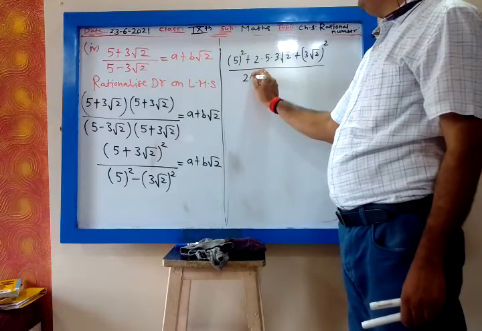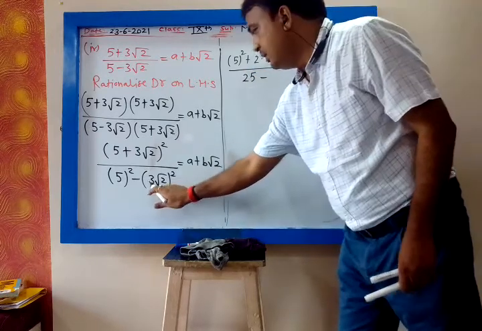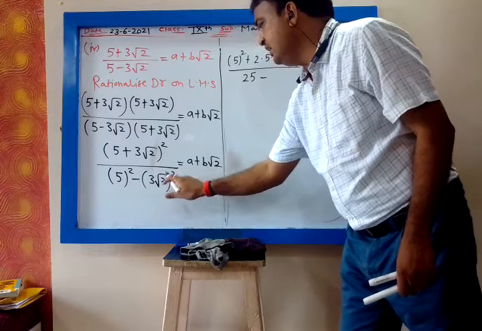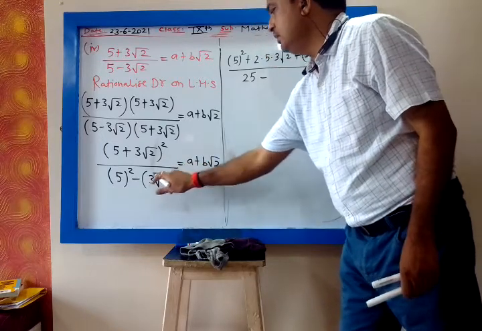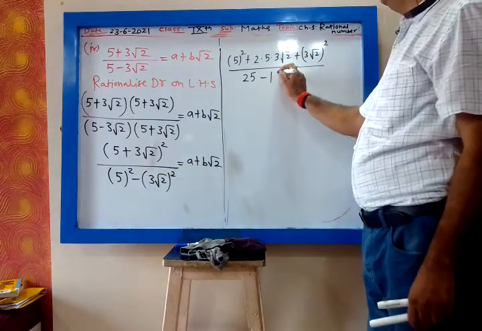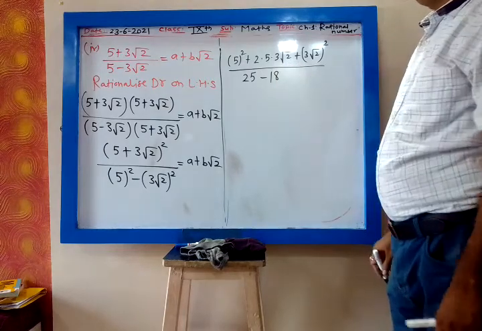That will be a square, 25 minus (3 root 2) square. So 3 square is 9, root 2 square is 2, 9 into 2 is 18, correct?